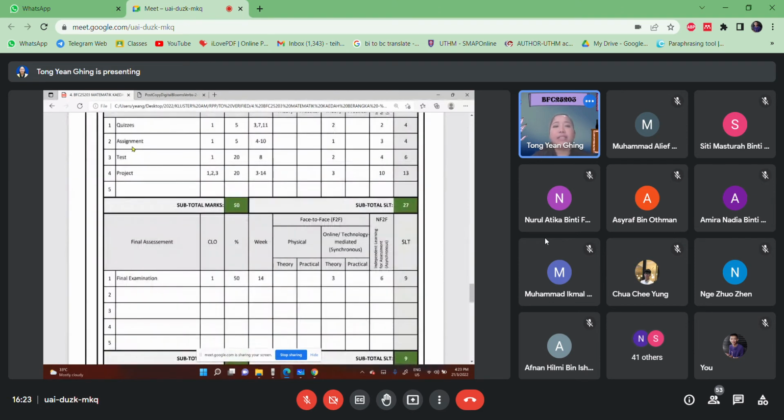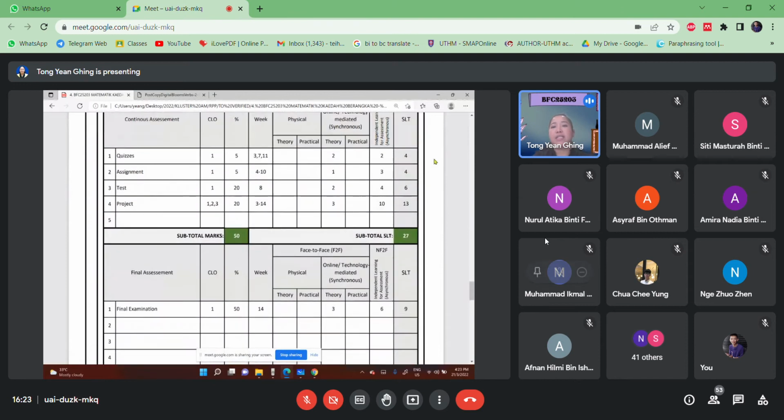And then assignments, 5 marks. This one I have not decided. Either you want to do it in a group or individually. Basically, I will give it in a group. Do you want it in a group or individually? Everyone wants group, Doctor.